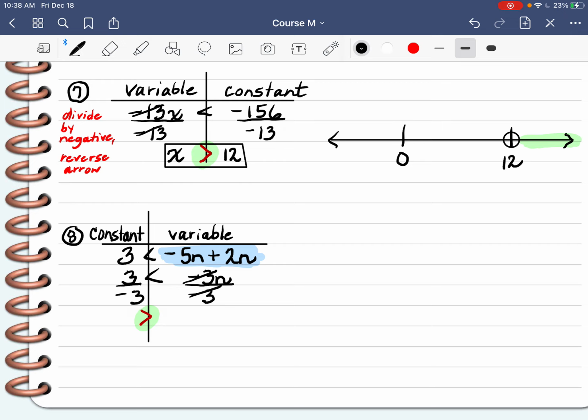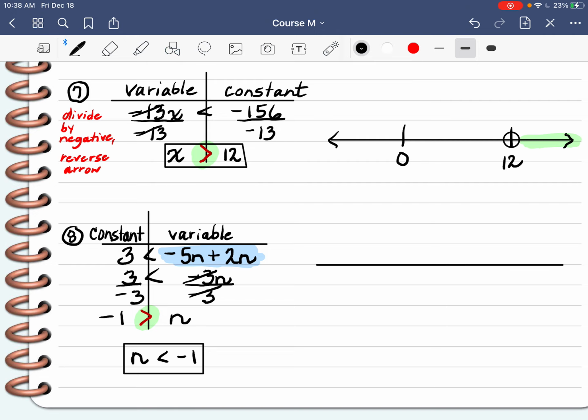Cancel the coefficient, so you're left with n, and then on this side is negative 1. If you want to standardize that, and I do, remember that the arrow flips again in standard form. So we've got n is less than negative 1.